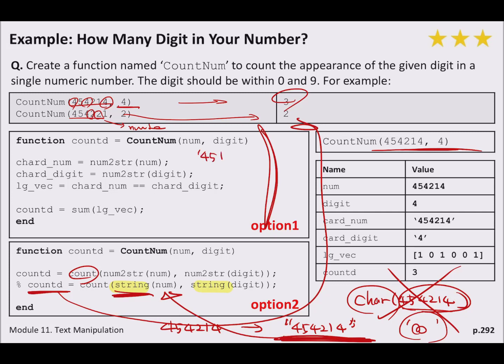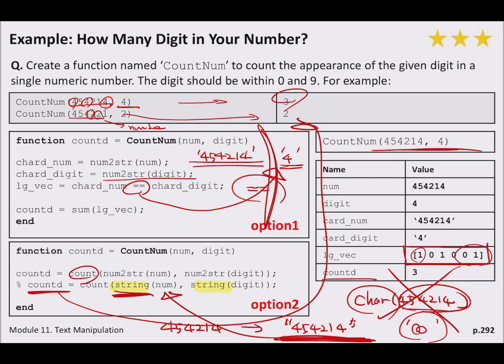Once we get this character vector, we also get the character of the digit. We can use the equality operator, and we will get this logical vector. So the number of appearances is the summation of this, which gets the count.